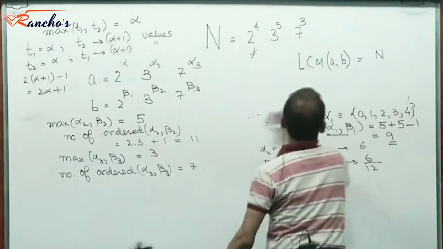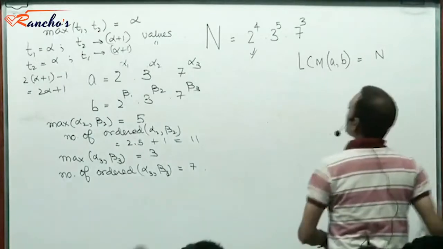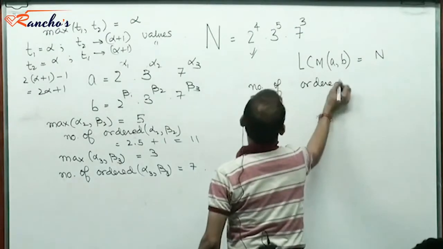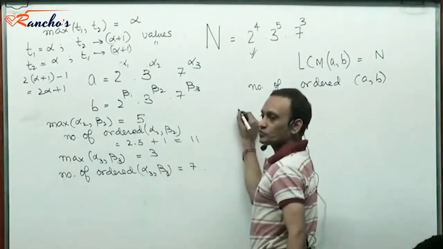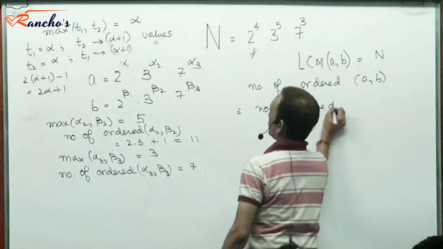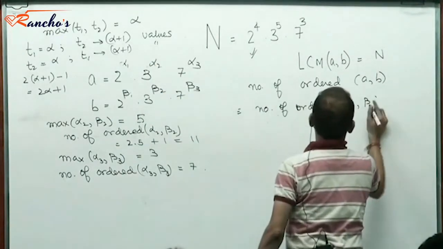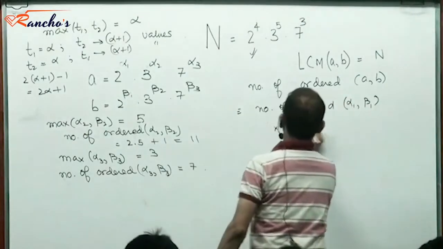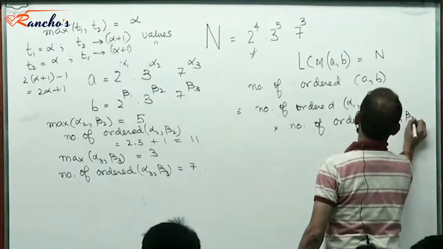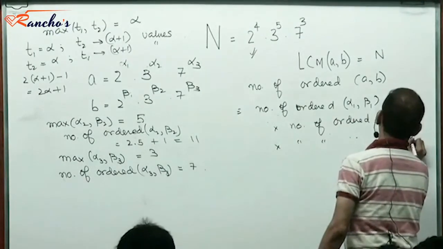Therefore, the number of ordered pairs A, B is the number of ordered alpha 1, beta 1 that could be selected into the number of ordered alpha 2, beta 2 that could be selected into the number of ordered alpha 3, beta 3 that could be selected, right?